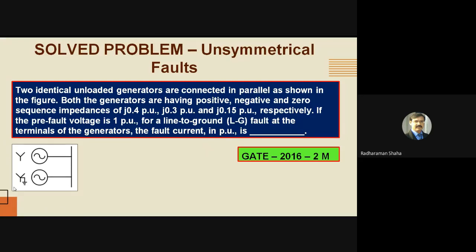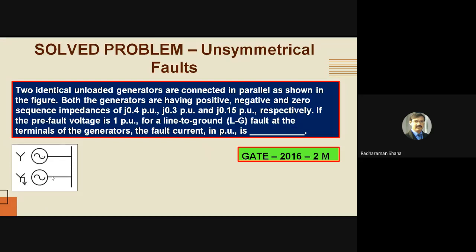The way it is given here, this is a solidly bolted connection. So whenever such a combination is given, it means it is solidly bolted.